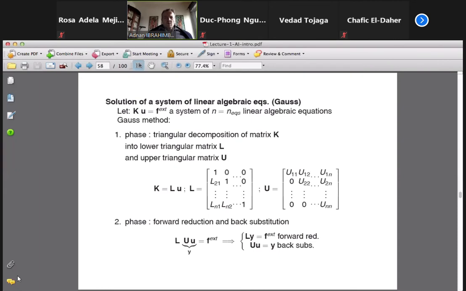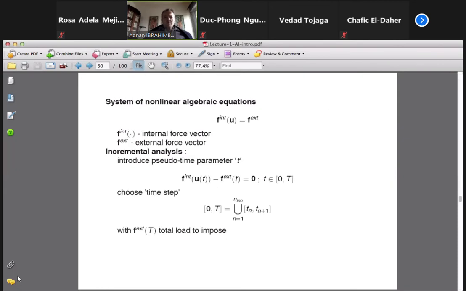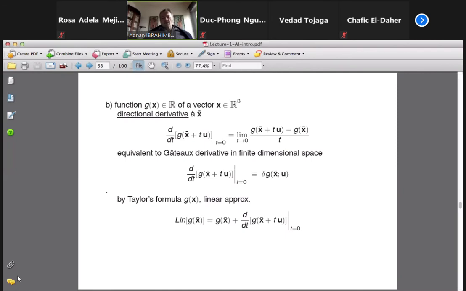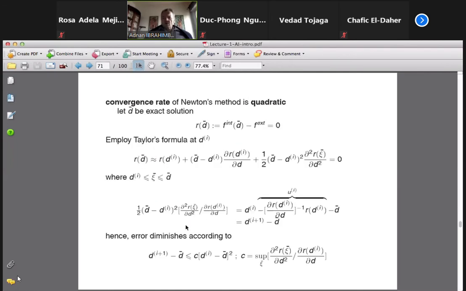When I was explaining the incremental iterative method, I said that basically the property of the Newton's solution, consistent linearization, is the fact that you can show it in a simple case like here, that at every new iteration, the error is reduced quadratically with respect to the previous, because d_i is the iterative solution and d bar is the true solution. If here you have some value, here it's comparable to the quadratic value of this value, provided that you have smoothness. The C is like a first derivative, second derivative of the function and stuff like that. So if you have smoothness, you can count on that.